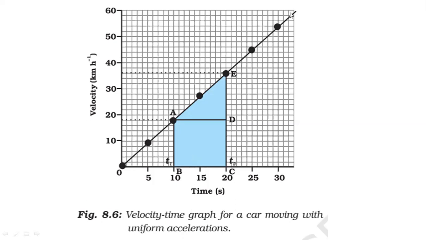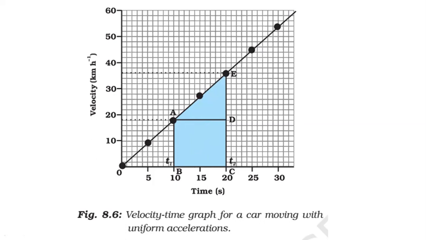We have already seen these graphs last time. We calculated the area by dividing it into two figures, a triangle and a rectangle. In both cases, we added these areas using the formula for area of a triangle, half into base into height, and for a rectangle, length into breadth. We have already done that in the last session.